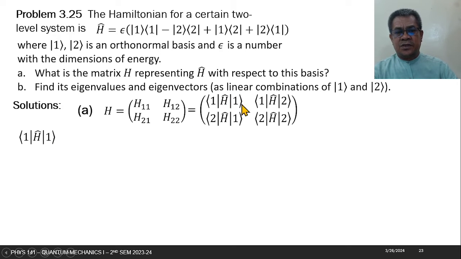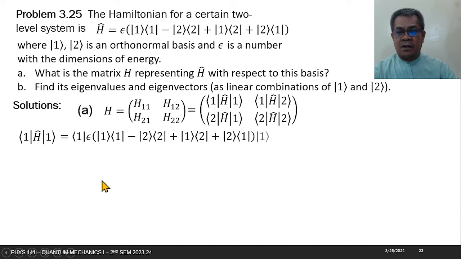It's nice to use this one because we have this in terms of kets. So we will replace the Hamiltonian, which is given in this expression, and substitute it here. So this is our Hamiltonian, and this is our bra 1, and we have the ket of 1. Next is to distribute its terms.